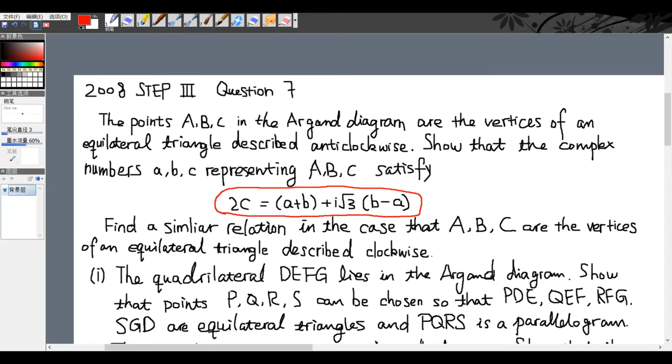This is actually not as scary as it looks, because for most Step 3 complex number problems, the first question just uses the rotation property of a complex number.